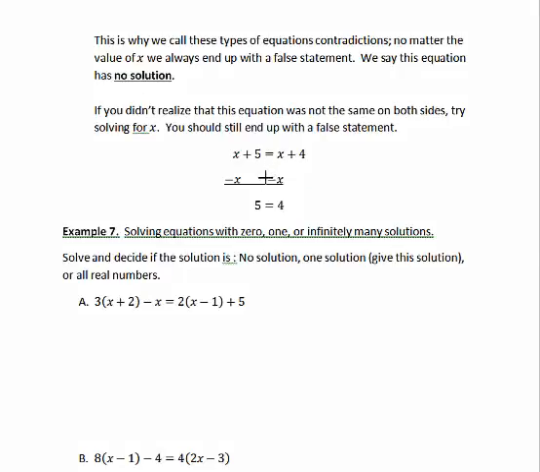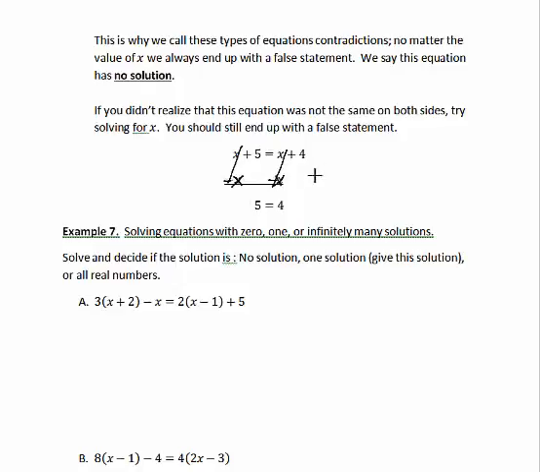Alright, so once again, if we had x plus 5 equal x plus 4, we'd want to combine the x's, which are on opposite sides, so one of them we would have to subtract from both sides. That would cancel the x's out on each side.